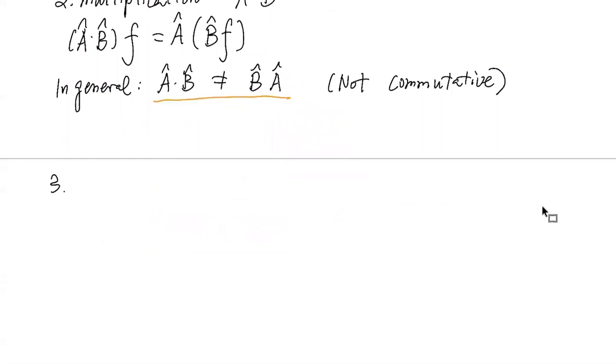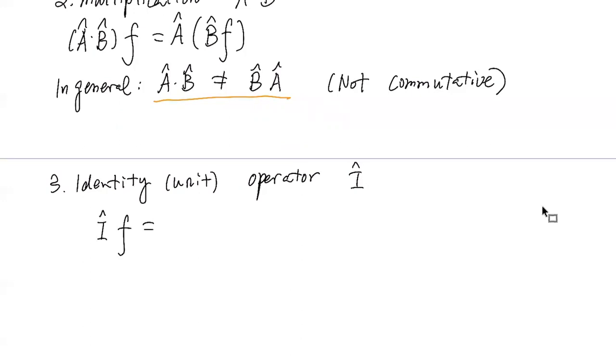We can also define a so-called identity operator, or sometimes called unit operator, capital I with a hat. I means identity. The identity operator is like number 1 in multiplication. Identity operator times any function gives you the function itself.